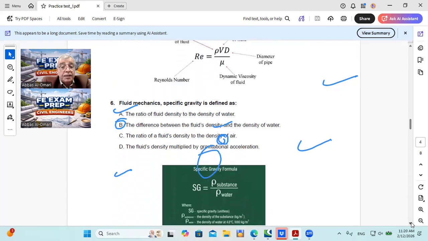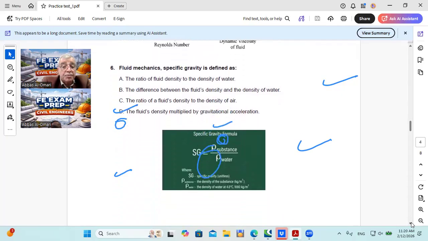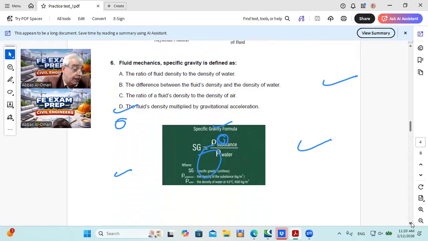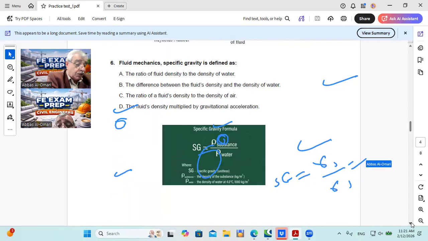Now, the definition of specific gravity. The specific gravity is defined as the specific gravity of a substance divided by the specific gravity of water. Sg equals gamma of any substance divided by gamma of water, and gamma equals rho g for any substance divided by rho g of water.